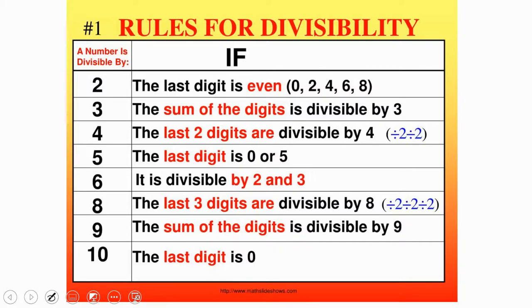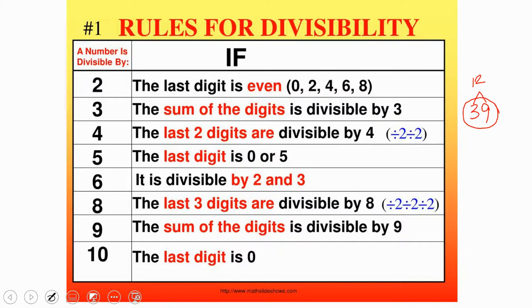Example, let's just make something up, 39. If I do 3 plus 9, that gives me 12. 12 is divisible by 3, meaning I can divide 12 by 3. So therefore 39 is divisible by 3, because the sum of those digits, 3 plus 9, is divisible by 3.